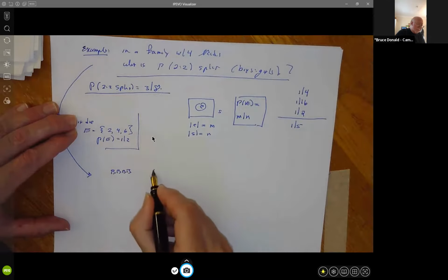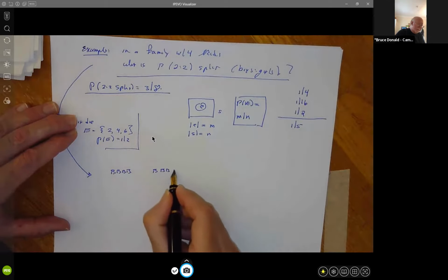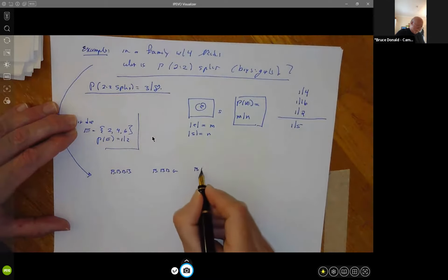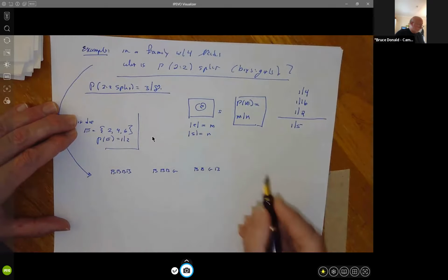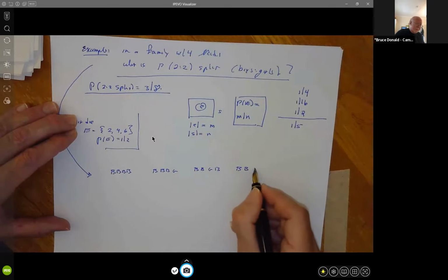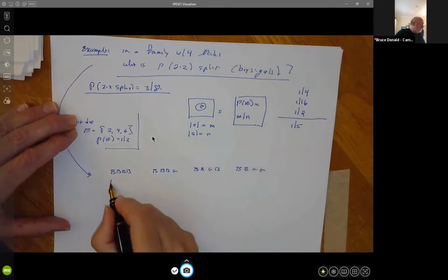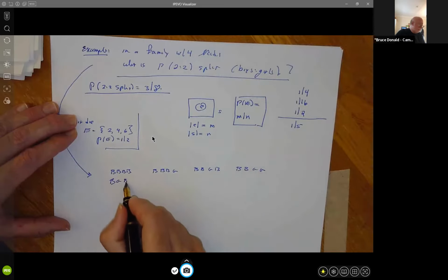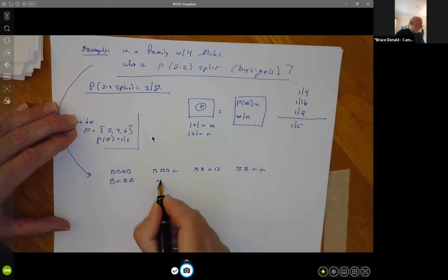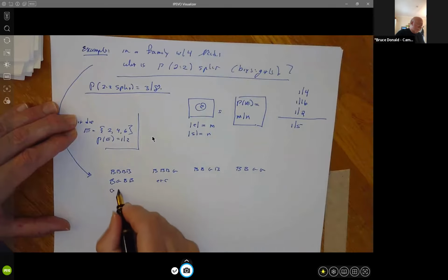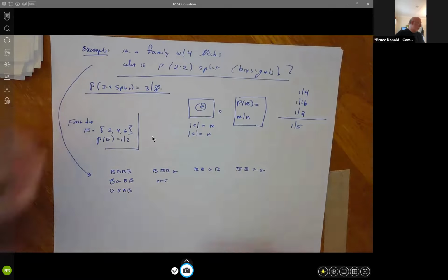Another might be boy, boy, boy, girl. We also might have boy, girl, boy, boy, etc. And we might have girl, boy, boy, boy. These might be given in birth order, for example. So we have all these different possibilities.